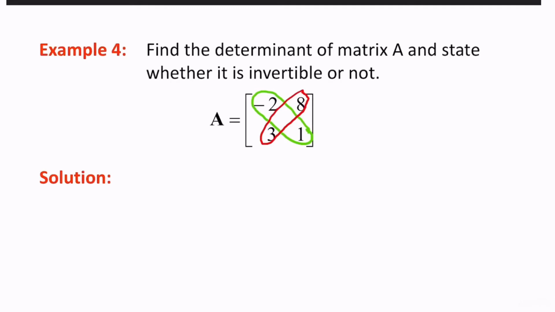So the determinant of A equals minus 2 times 1 minus 8 times 3. That's minus 2, then minus 24, so this ends up as minus 26.